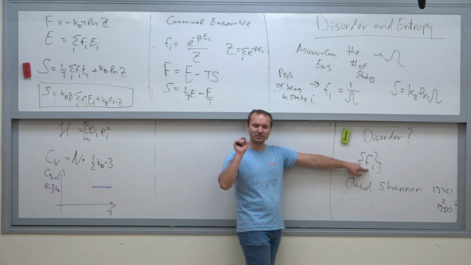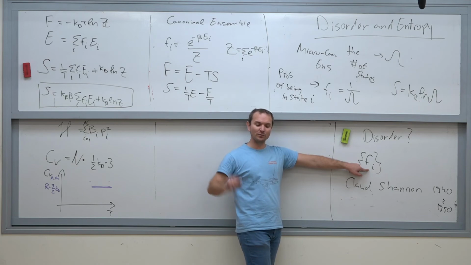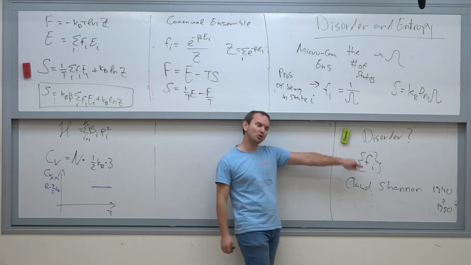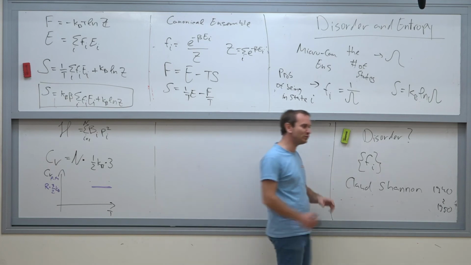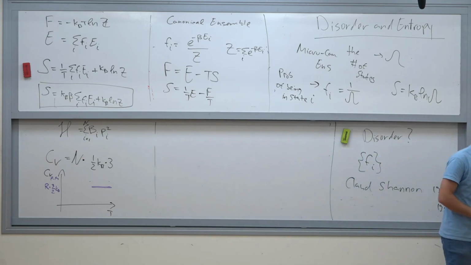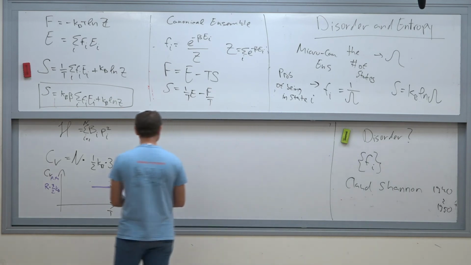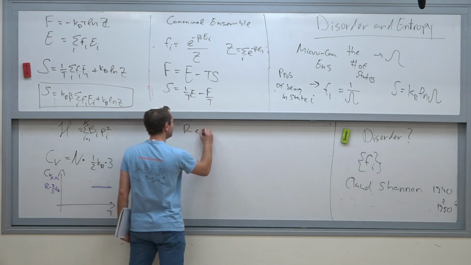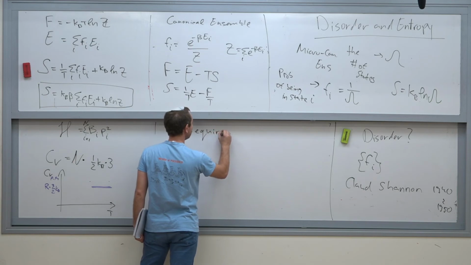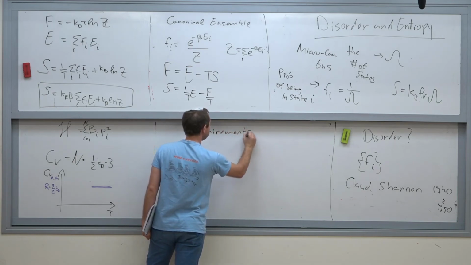So your system has different states, and it can be in each one of them with a specific probability fi. With respect to those probabilities, you have to define your disorder so that it satisfies specific mathematical postulates. So what are those mathematical postulates or requirements? Okay.